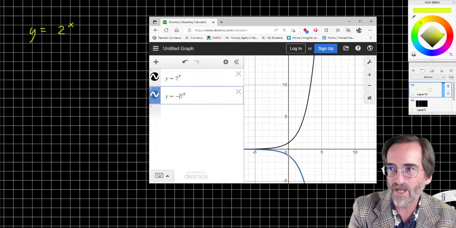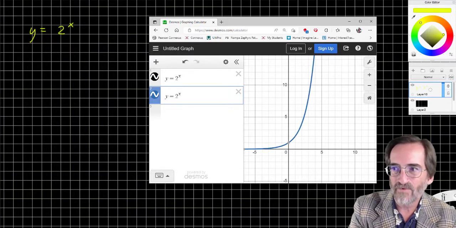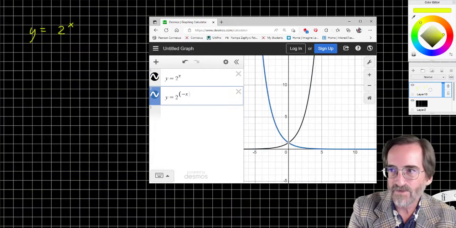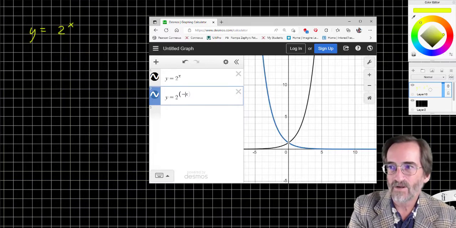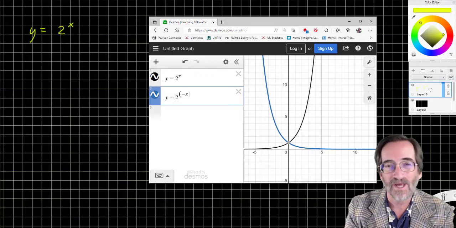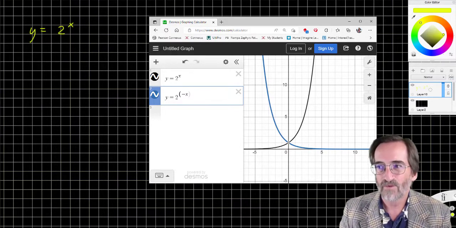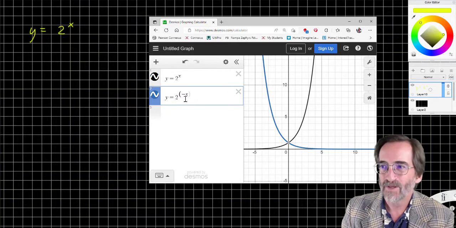If I put a negative in front, it flips it down, right? If I put a negative on x, it flips it to the left, right? Negative x goes down to the left. And by the way, this is also an example of exponential decay as opposed to exponential growth. It has a negative exponent. Okay?